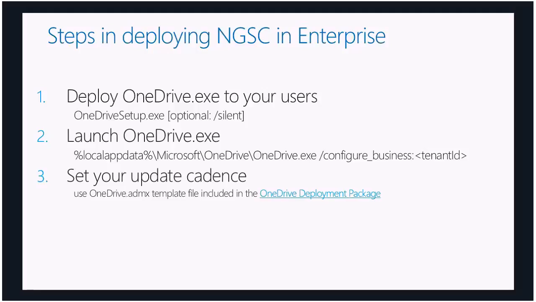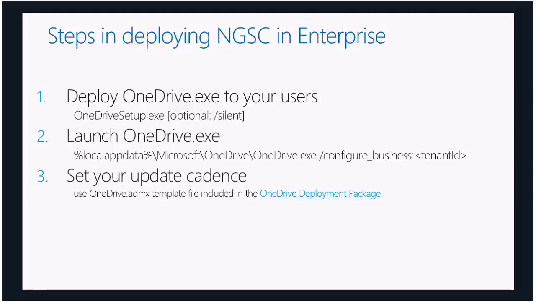This is a way you can allow your administrators to set how your organization sets up the update cadence, exactly how your end users receive the updates to their sync clients here. So these are the 3 steps in deploying the NGSC into our enterprise environment.